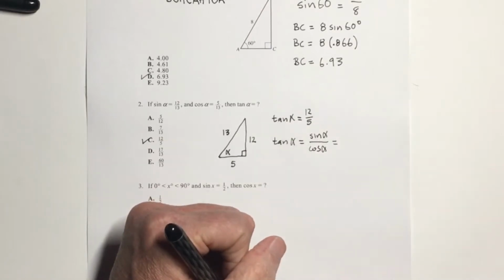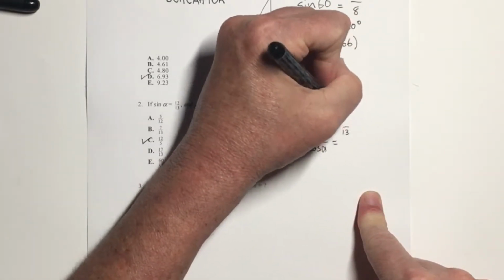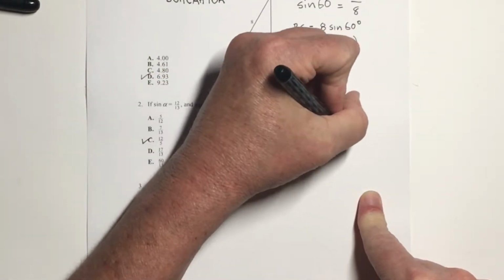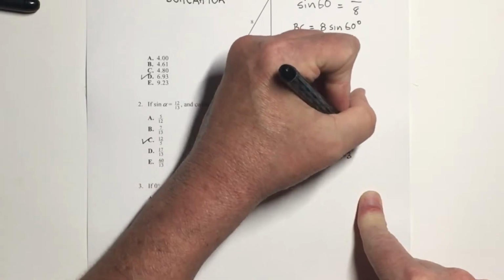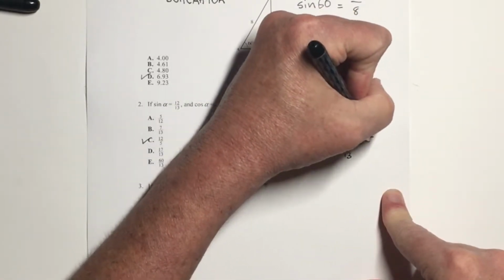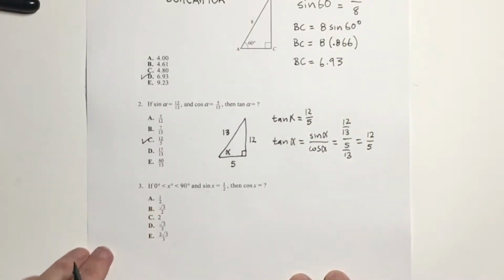Tangent equals sine over cosine. Since the sine is 12/13 and the cosine is 5/13, when you invert and multiply, you get 12/5. So a couple ways to go about doing that problem there.